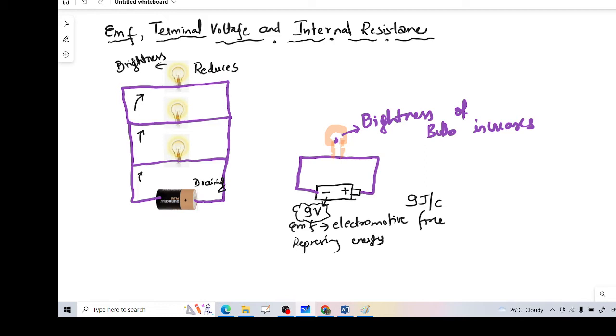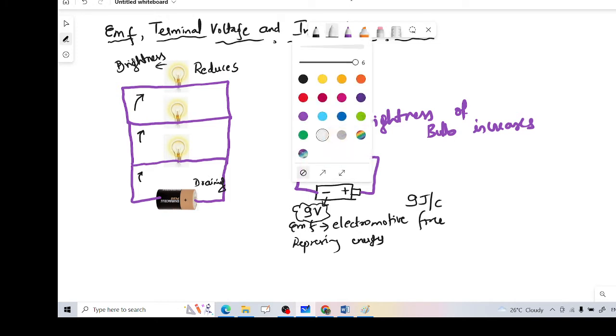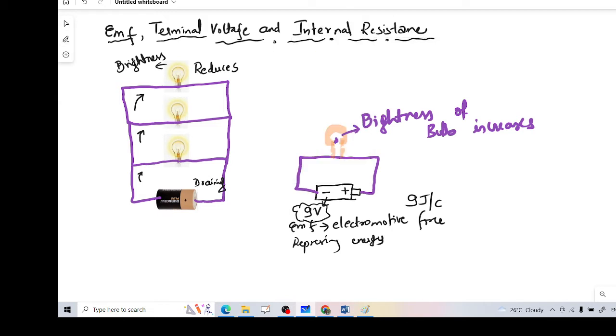We all know that electrons flow inside the circuit, but by convention we take positive charge as moving. So actually the electrons move, but for our convention, in all circuits, positive charges are moving.